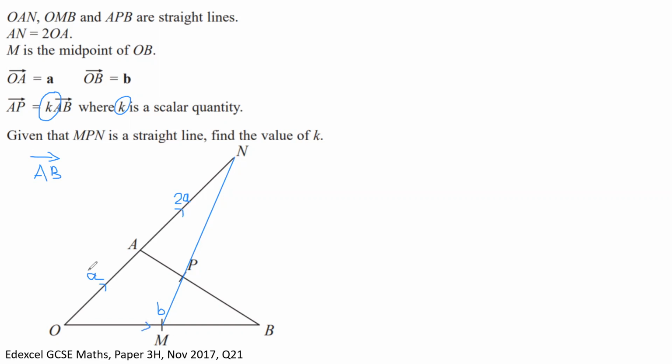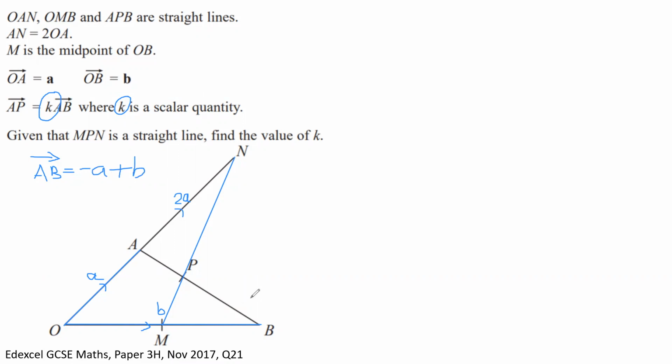So we're always going from O to A and O to B. So A to B, we're going from A backwards down A to O. So that will be minus A because we're going backwards along it. And then we're going from O to B. But we're going forwards along that one. So that will be plus B. So we know that A to B is minus A plus B.